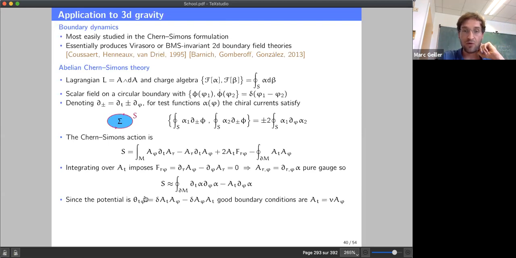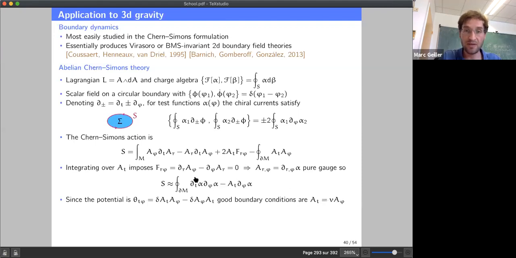And so we see that to have a good variational principle, the most general boundary condition which we can impose here is to say that the t and phi components of the gauge field are actually proportional. So I use this proportionality, I denote it by just a velocity, v. So I say that A_t, the time component, is equal to v times the angular component A_phi.